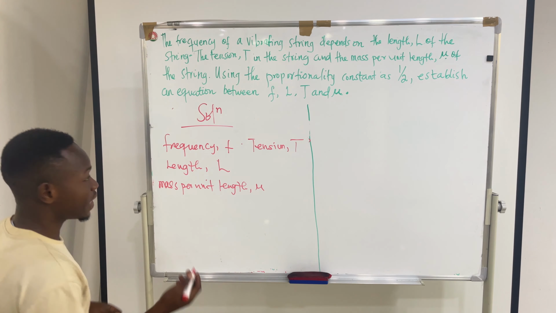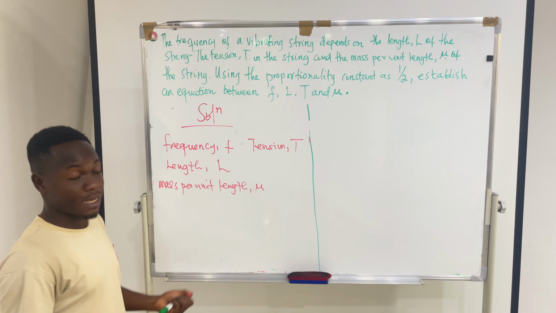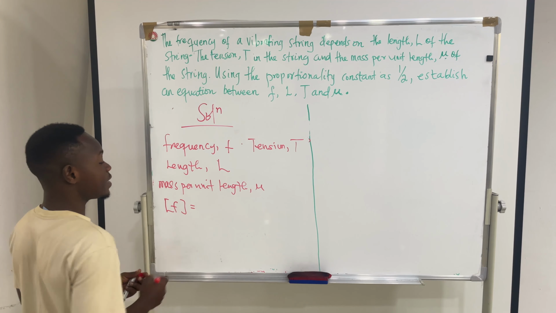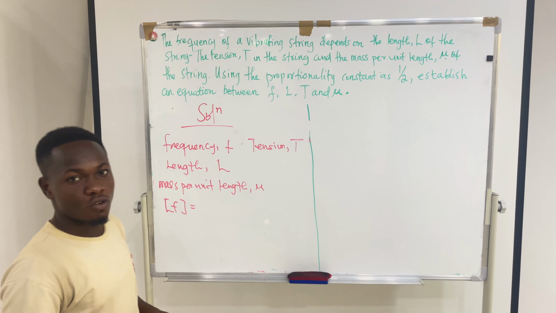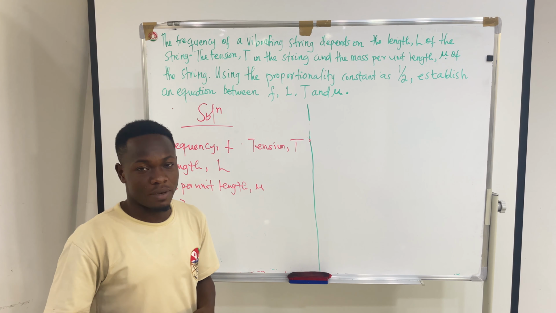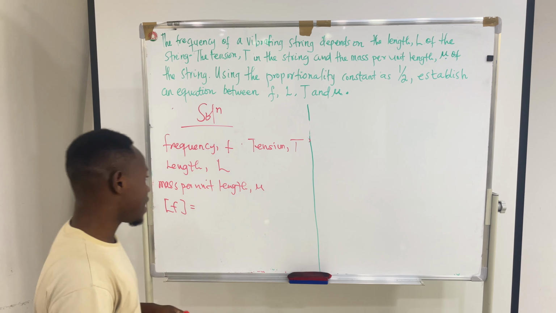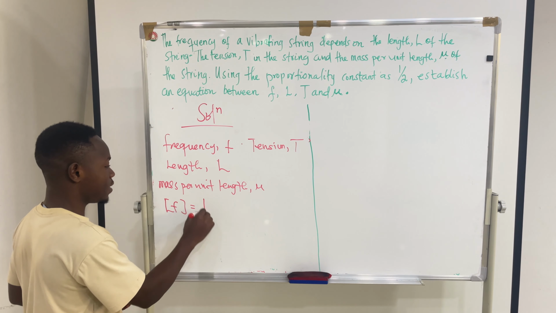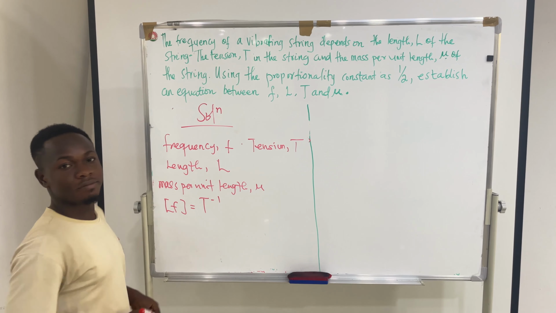So the next step is to find the dimensions of the physical quantities we were given. Dimensions of frequency: frequency is 1 over period, or the inverse of period. Period is time, so the dimension of F will be T minus 1.